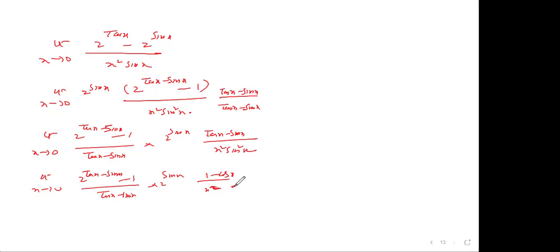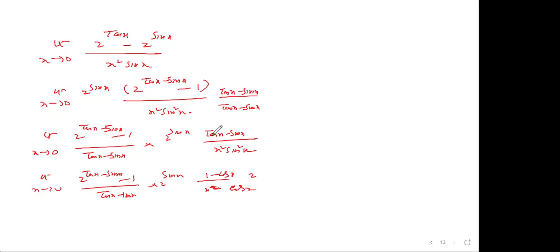After taking sin x common, here sin x is there, that sin x will get cancelled. So 1 minus cos x by, here we get what now? Cos x.